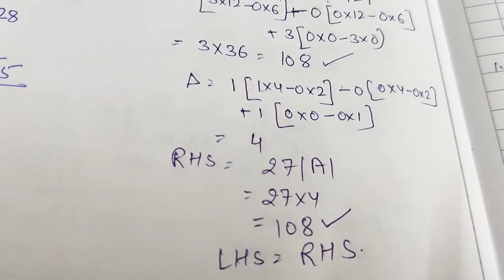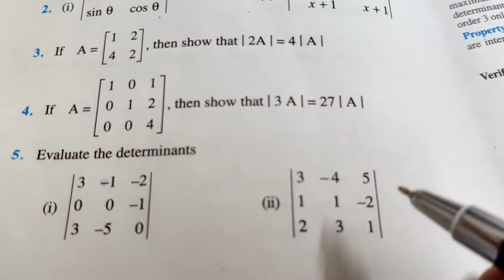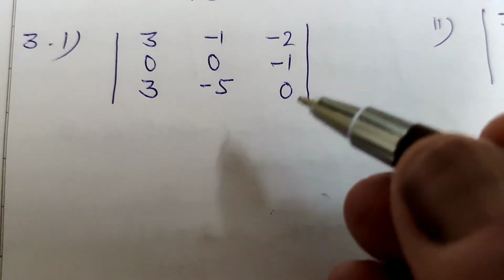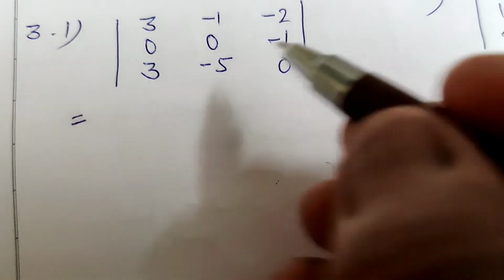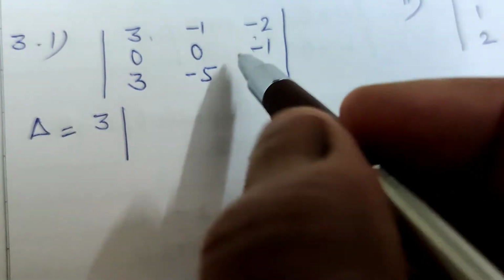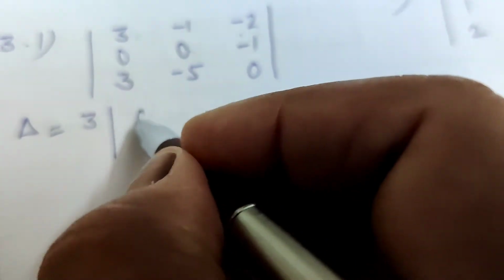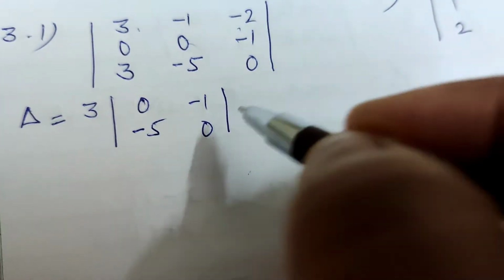Next question. Evaluate the determinants 1, 2, 3 and 4. Find the value of this determinant. This is a determinant of order 3. Now solve this value. The first, 3 multiplied by the determinant of this order 2: 0, minus 5, minus 1, 0.